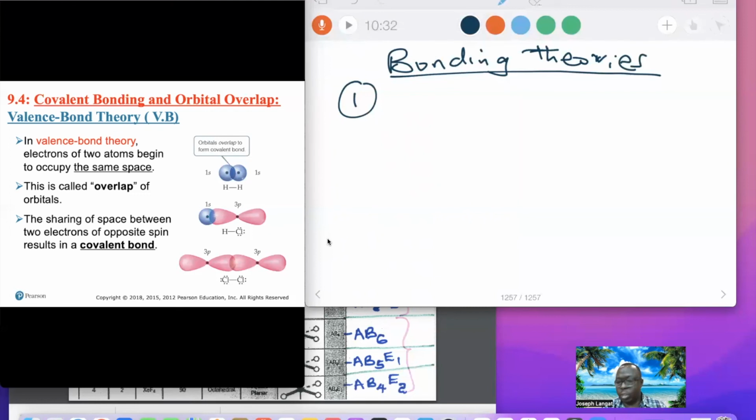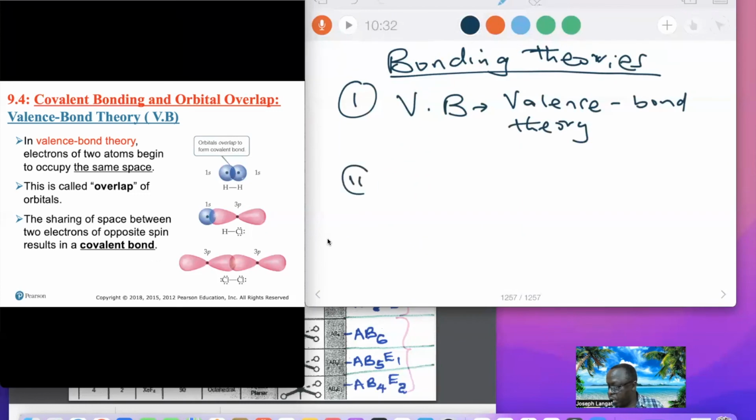First there is what we call the valence bond theory. And there is the molecular orbital theory.